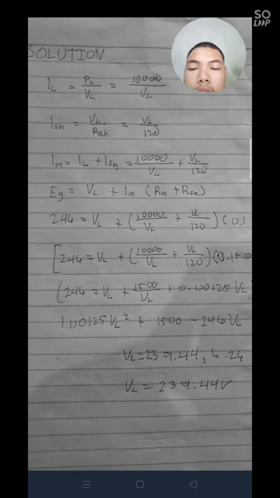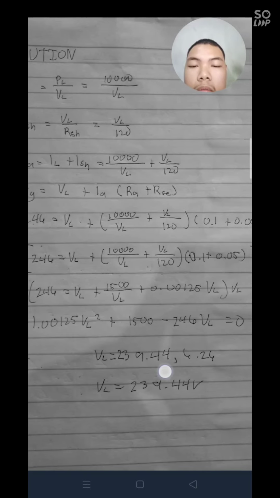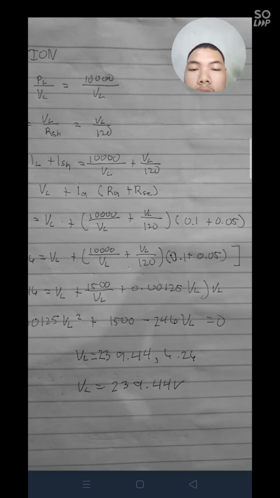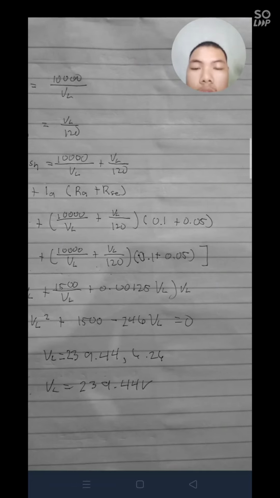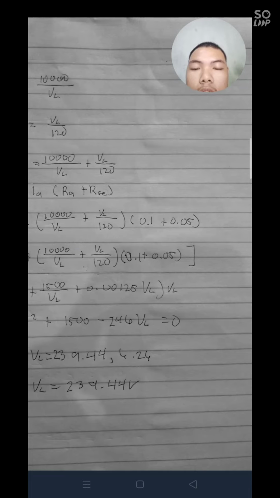So 246 equals VL plus 10,000 over VL plus VL over 120 times 0.1 plus 0.05.